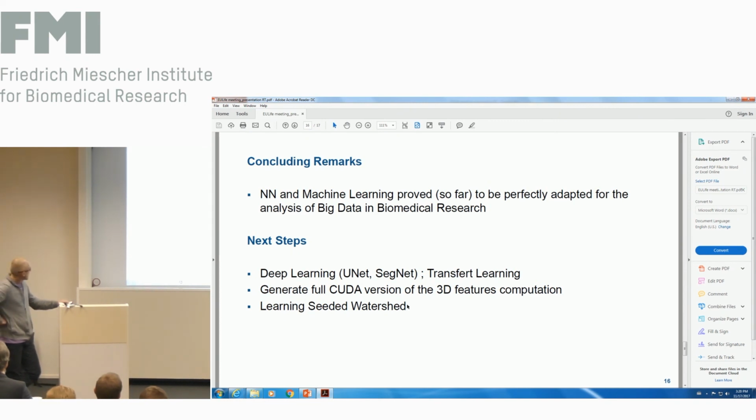And I just shortly spoke about, for the case of the organoids, we are also working on learning a seeded watershed, which should be more powerful than the heuristic methods we have that are still a kind of agglomerative watershed.